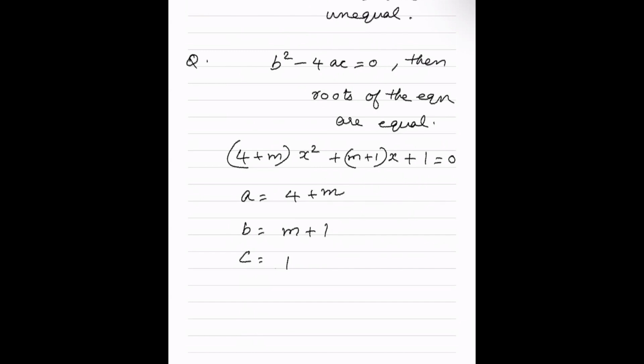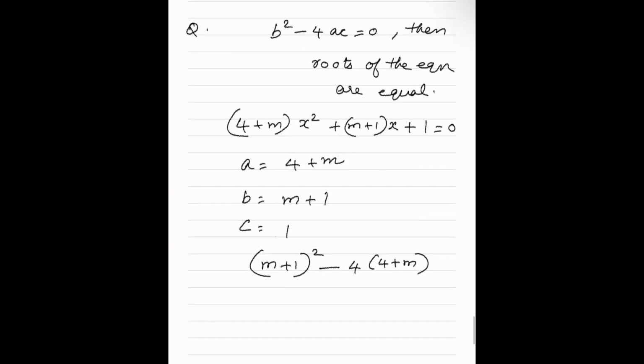Now write b square minus 4ac. B square is m plus 1, the whole square, minus 4 into 4 plus m, C is 1 itself. Okay, so this has to be equal to 0 because they have clearly said the equation's roots are equal. So you have to equate it to 0 and then solve.